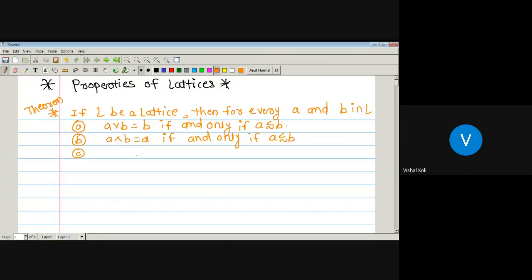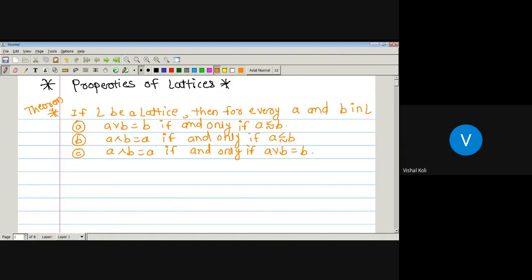And finally, the last one: a meet b equals a if and only if a join b equals b. So here we are given that capital L is a lattice and a and b are any two elements of L, and from this we have to prove these three results, that is, a join b equals b if and only if a precedes b.